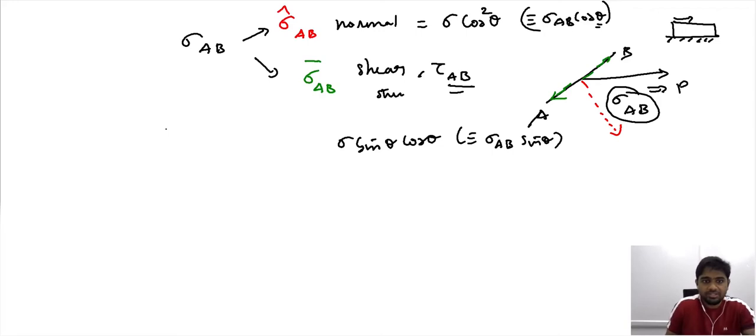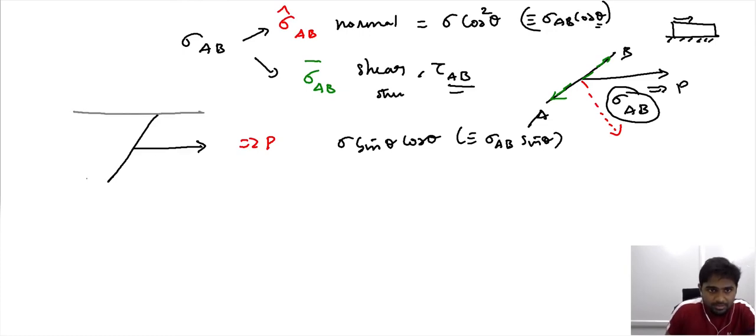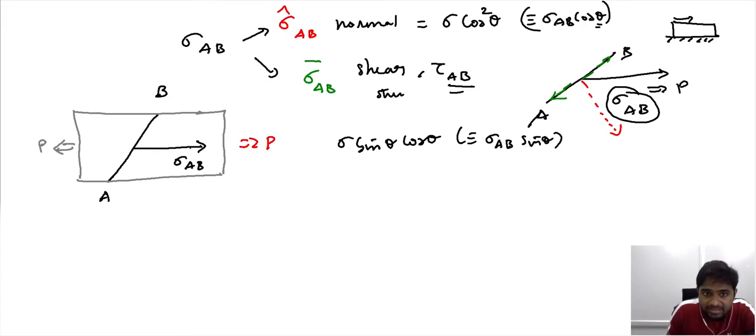If you want to consider the different directions, this is the loading direction D. When you consider the entire sample to be this, and you are imposing a loading in this direction, and AB is our region of interest, sigma AB acts along this direction, and when you consider the tau AB, it acts on the surface of AB.